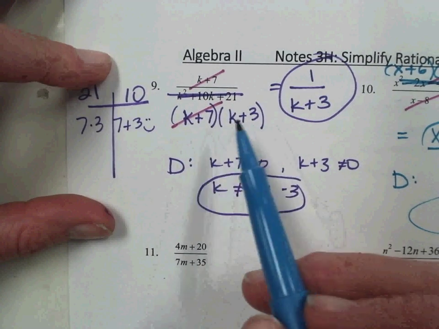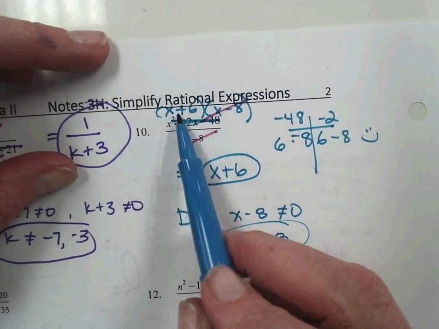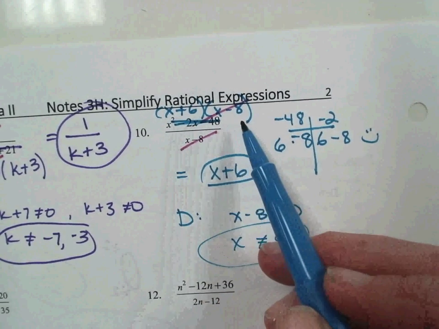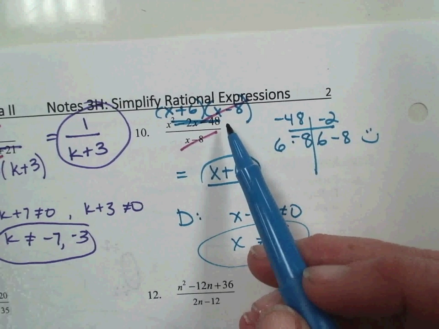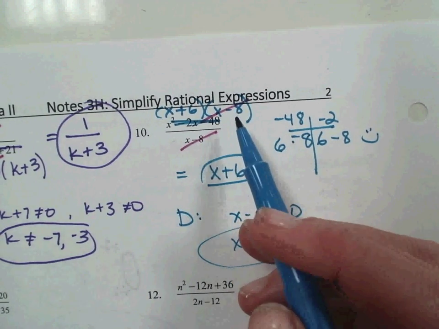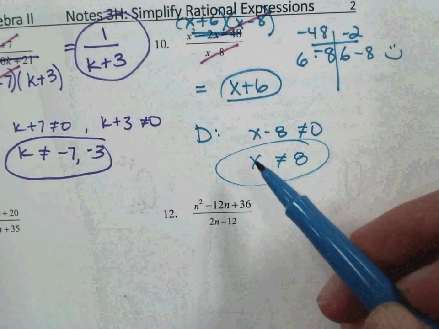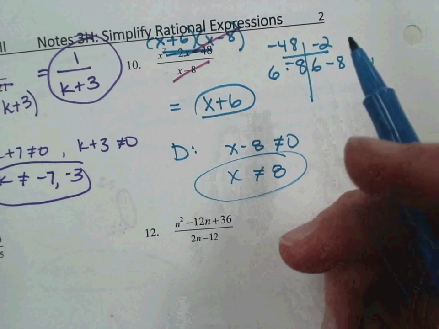Down here, the denominator had 2 parts to it. Common mistake. She's asking why we did not set x plus 6 and x minus 8 not equal to 0. The answer is the numerator is allowed to equal 0. So only worry about setting the denominator not equal to 0 and solve that.